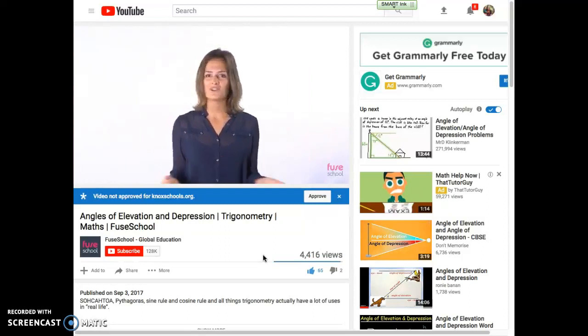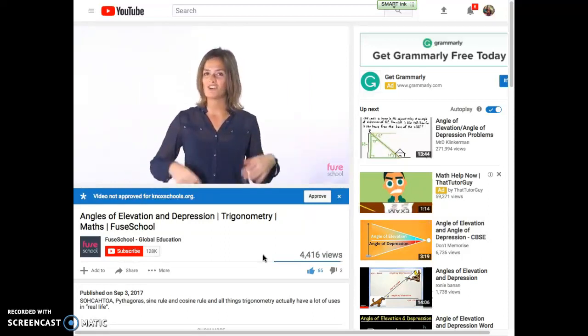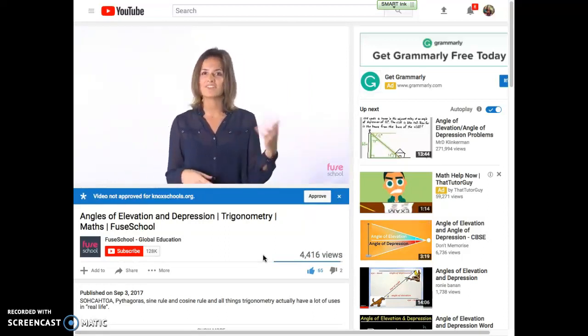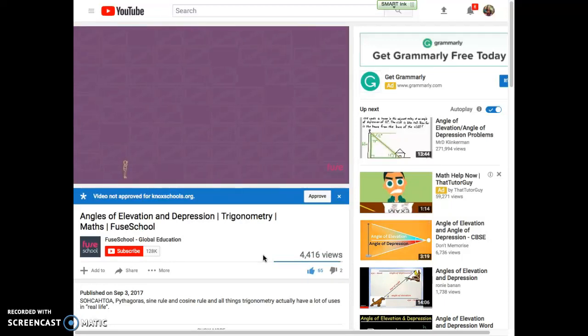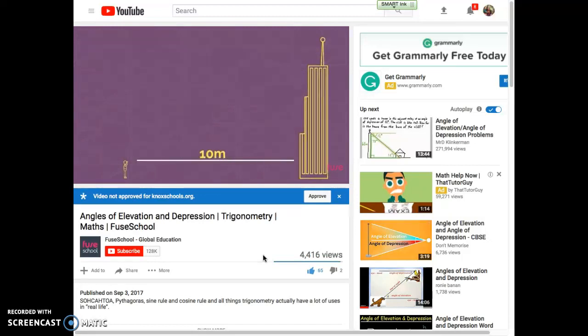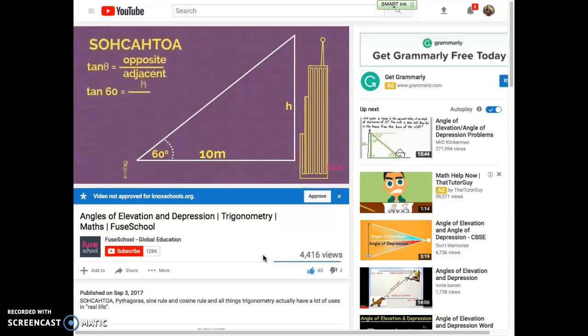We then use all of our trigonometry skills to solve problems involving angles of elevation and angles of depression. Let's look at some examples. Next time you're out and about, stand 10 meters away from a building. Guesstimate the angle of elevation from your sight line to the top of the building. You can now use SOHCAHTOA to work out the actual height of the building.